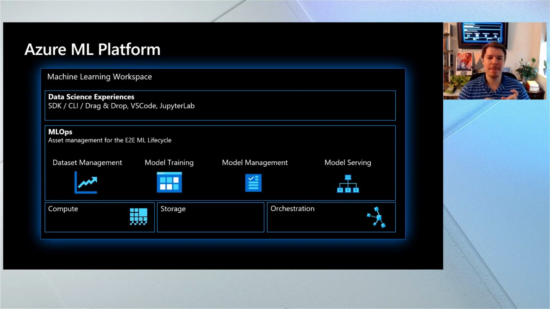We also have these MLOps capabilities that help you with managing all of the assets in the end-to-end machine learning lifecycle. So keeping track of your code, your data, your environment configurations, all of the experiments that you're running, all of the models you're producing, and all the places where those models are actually running. And then, of course, you also have the fundamentals of compute, storage, and orchestration services under the covers that make all of this possible. So that's the workspace construct.